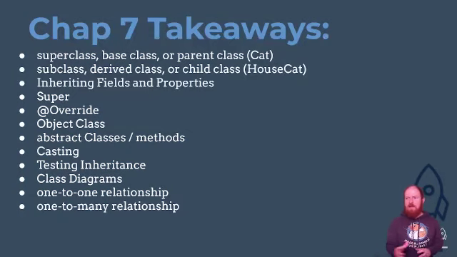So anything that's in the Object class, you can do in every class. For instance, the toString method. Every class inherits a toString. So whenever you make your own toString method, it automatically puts that @Override right above it. That's because it already has a toString method. You're overriding the Object toString method.